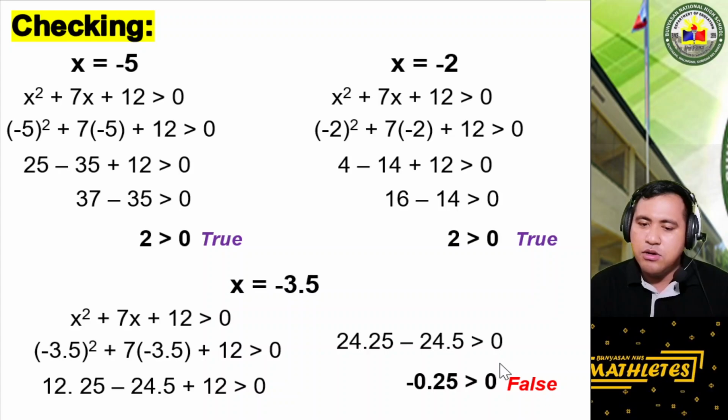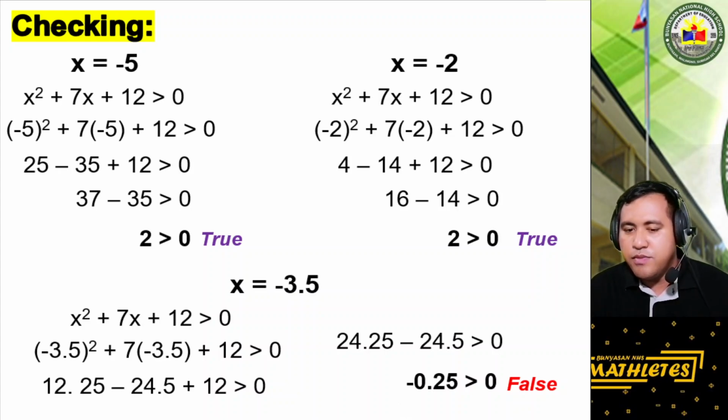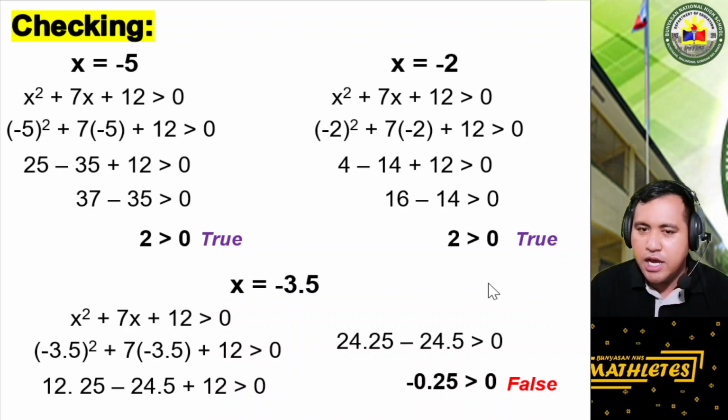Because 0 or any negative number is not greater than 0. Negative man si 0.25, so dili tinuod nga dako siya kaysa kang 0. Which is false. So, dili pwede ang tunga-tunga sa atong graph or sa atong interval, dili mahimong solution.